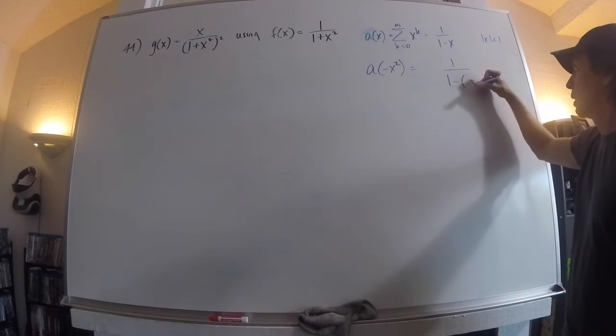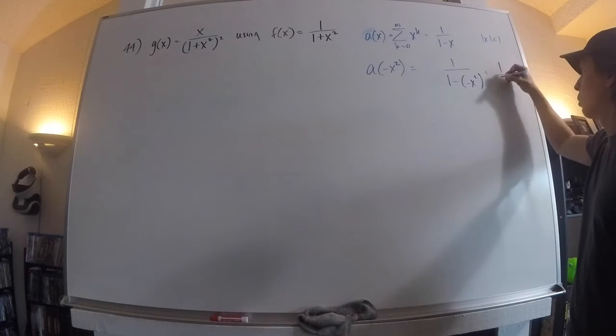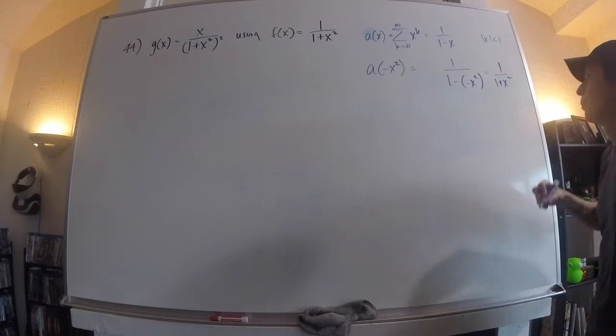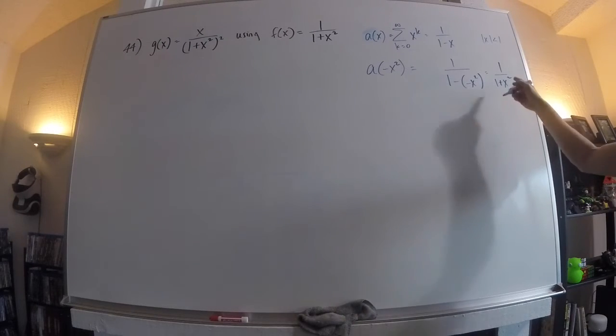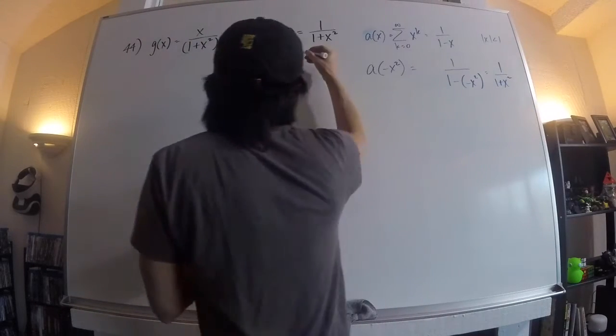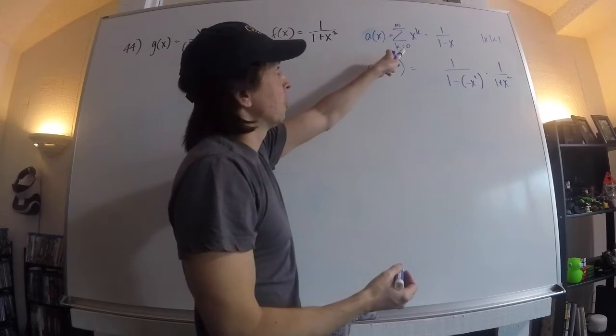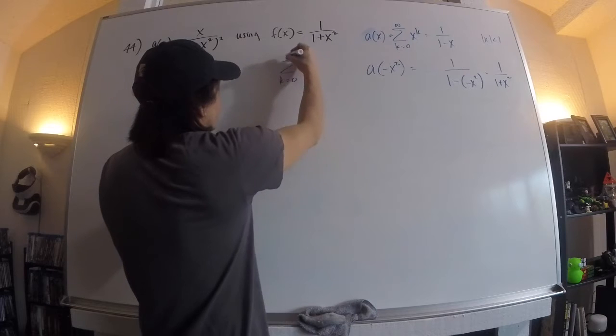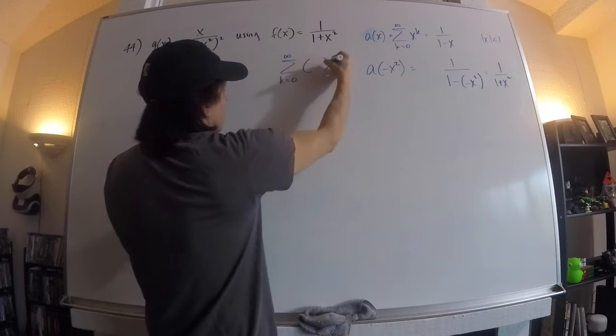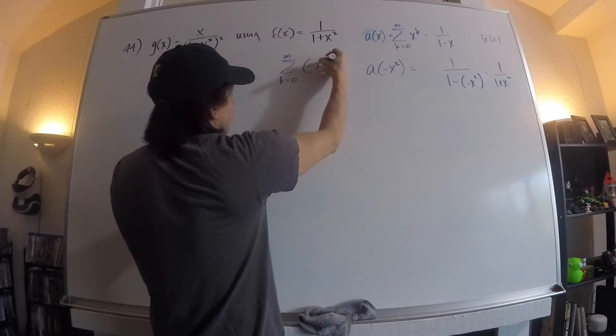So it'd be negative x squared, which will give me 1 over 1 plus x squared. Okay, this one is tricky, so I have to figure out that this power series is the power series of basically my geometric series, but in place of x, I'm putting negative x squared.